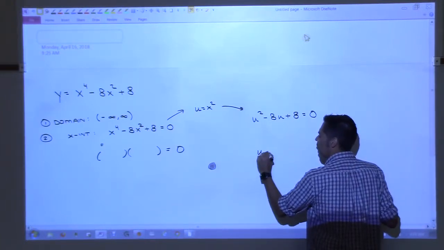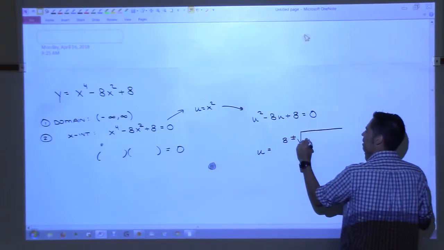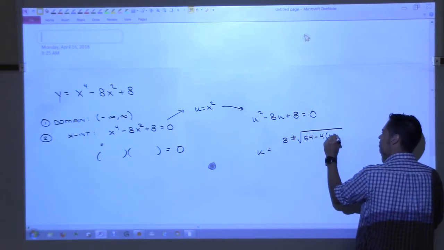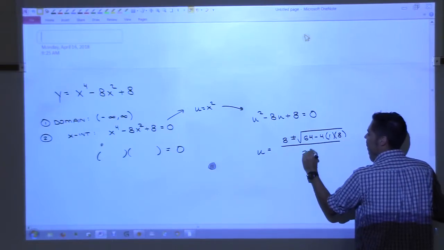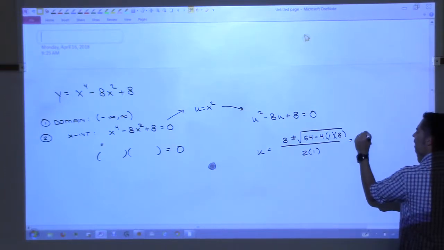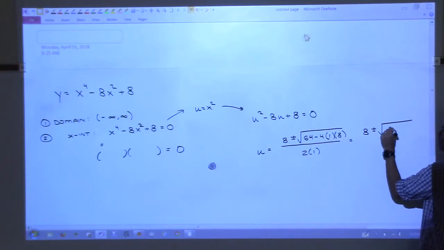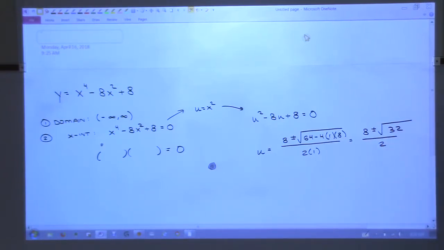So u is equal to negative b plus or minus the square root of b squared minus 4 times a times c all over 2 times a. Does this look okay to you? All right, so we get 8 plus or minus square root of 64 minus 32 is 32, over 2. And let's go ahead and break out our calculators. We'll get decimal approximations to this.